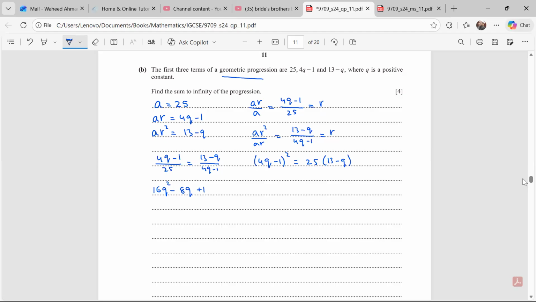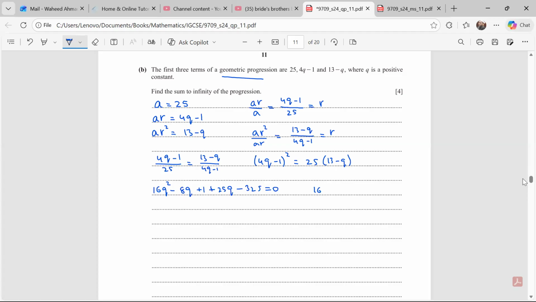Minus 25q from the right comes to the left and becomes plus 25q. And 25 times 13 is 325, which becomes negative when it comes to the left side: minus 325 equal to 0.